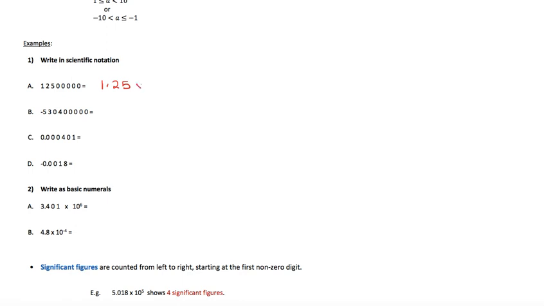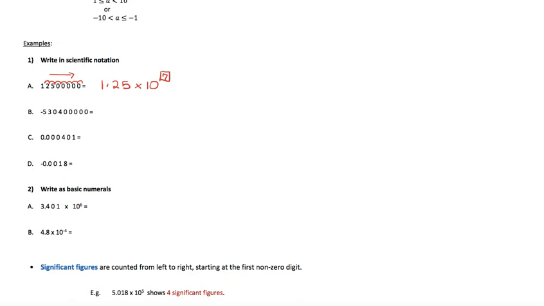But then I need to write times 10 to the power of an index, so that if I have to rewrite this as a basic numeral, I can expand it to come back to this large number. So I've decided to put the point here. How many times do I need to move it to go back to where it is originally? 1, 2, 3, 4, 5, 6, 7. And so the power here is 7. It is positive because we went to the right.